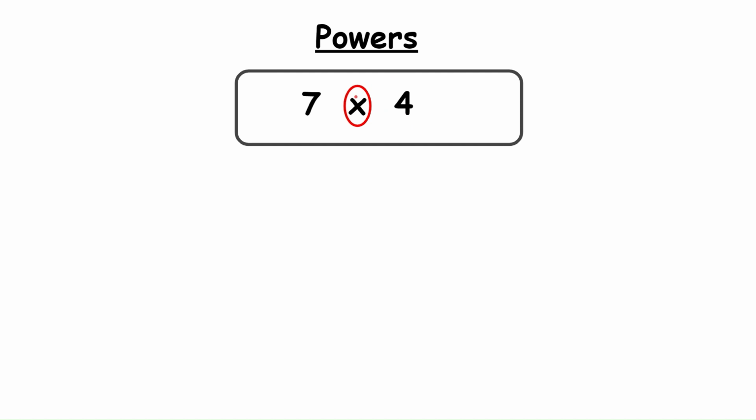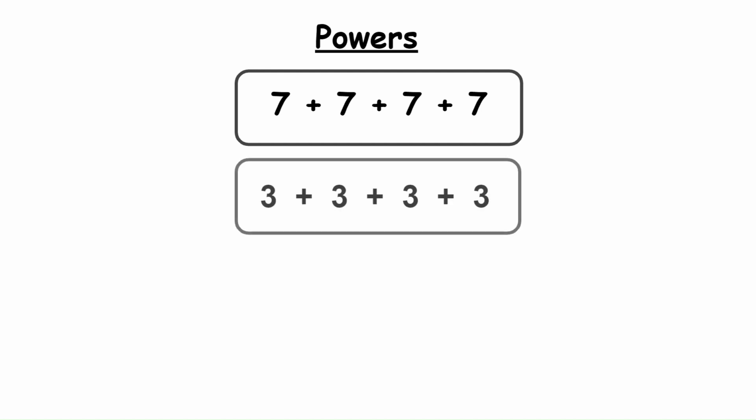So multiplication is asking us to take the first factor and to add it a certain number of times. And that certain number of times is the second factor. So 7 multiplied by 4 is 7 plus 7 plus 7 plus 7. But of course, it's much easier to write 7 multiplied by 4. Or 3 plus 3 plus 3 plus 3.